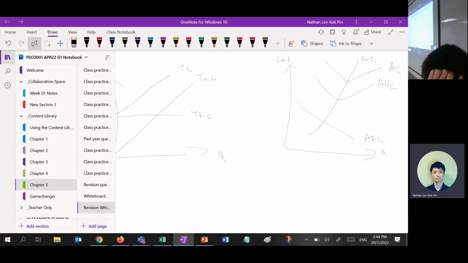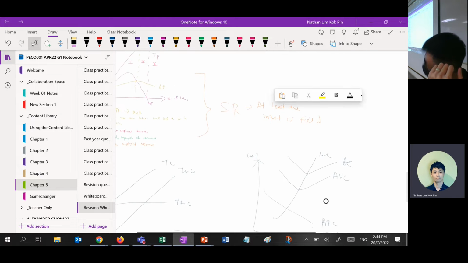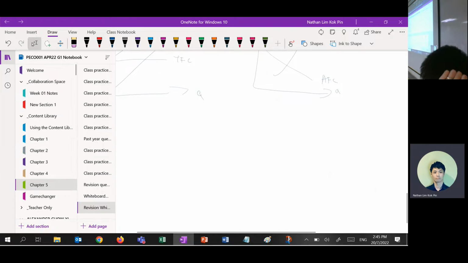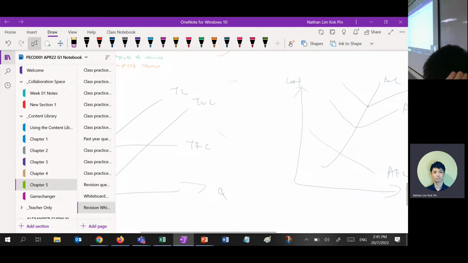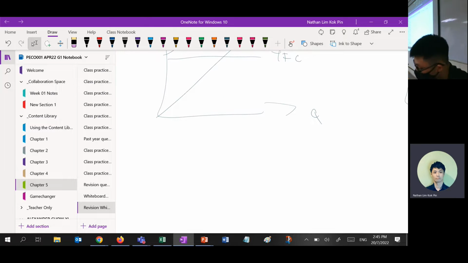Formulas, you study yourself. I don't have time to give you formulas. You study yourself. This is cost also in the short run because they are fixed.